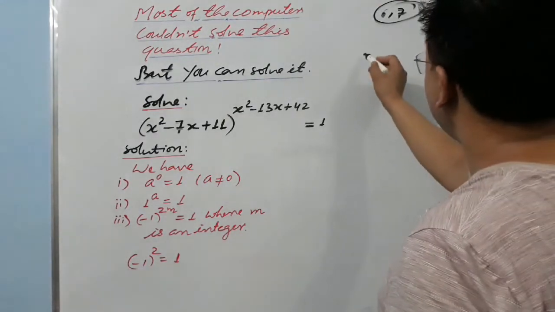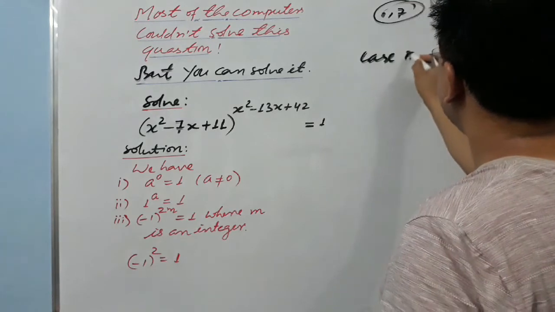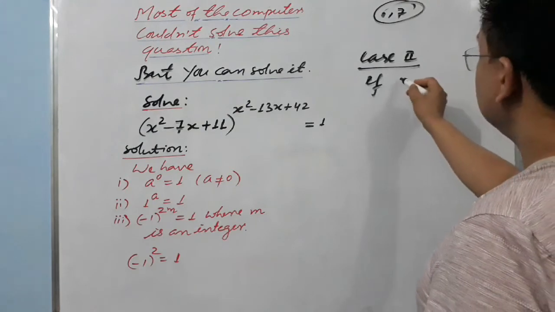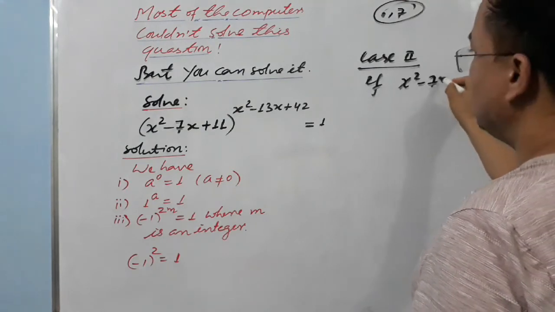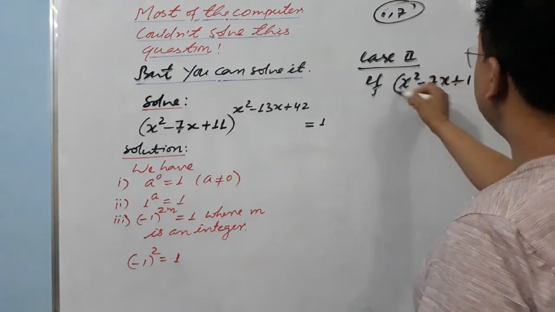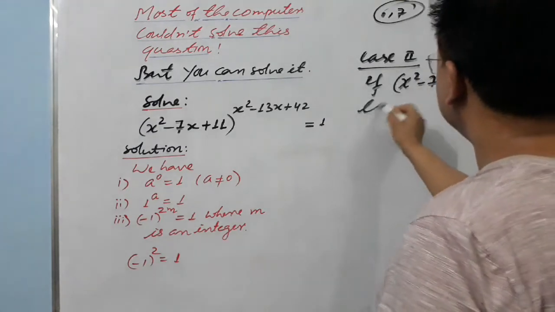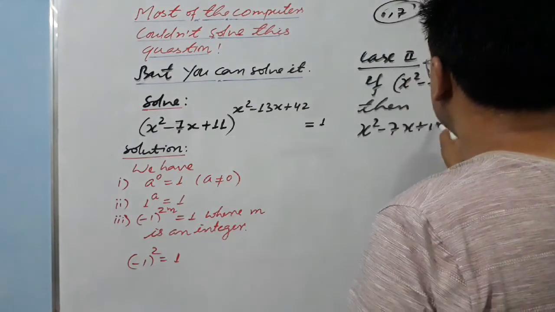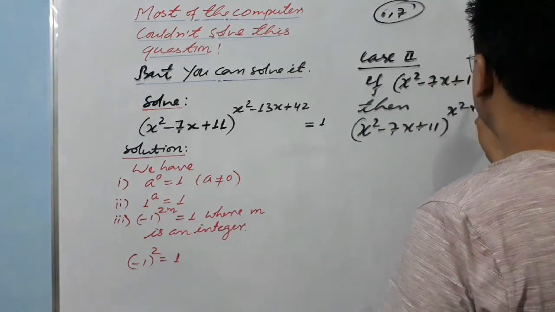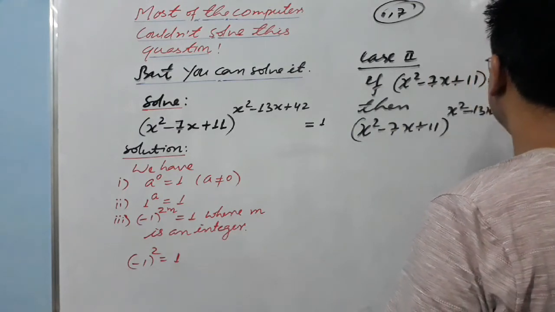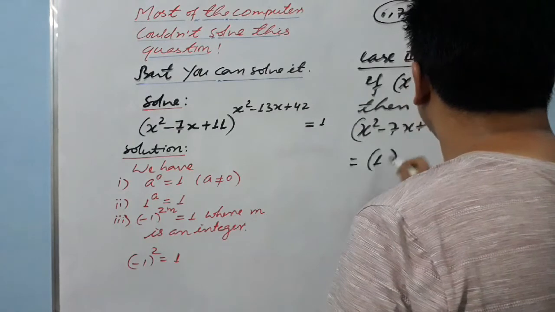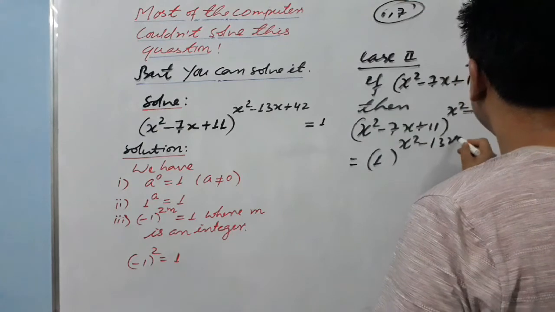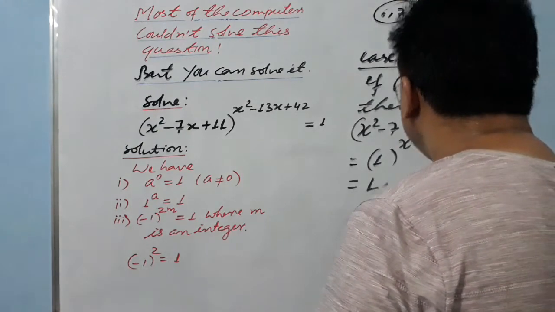Case second. If your x square minus 7x plus 11 is equal to 1, then x square minus 7x plus 11 raised to power x square minus 13x plus 42 is equal to 1 raised to power x square minus 13x plus 42, which gives you also 1.